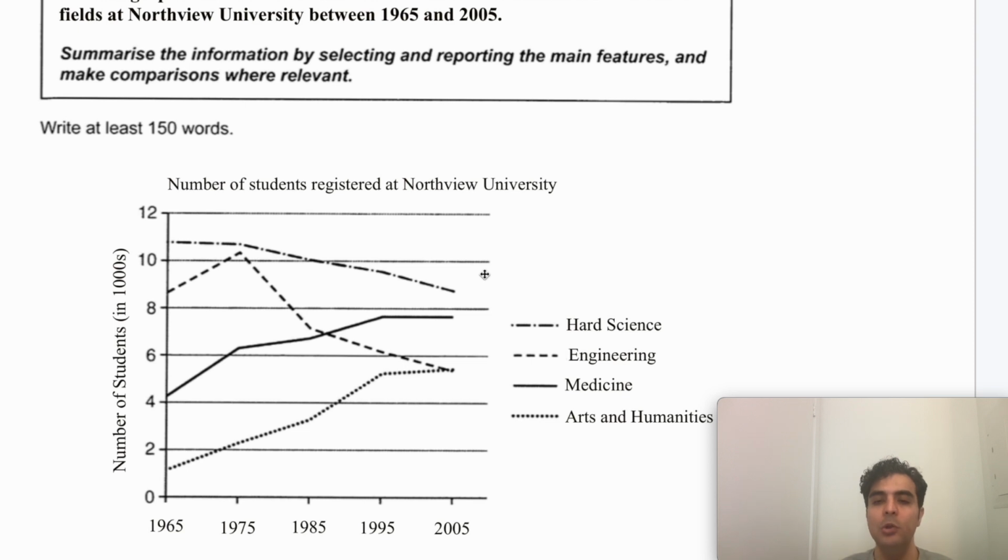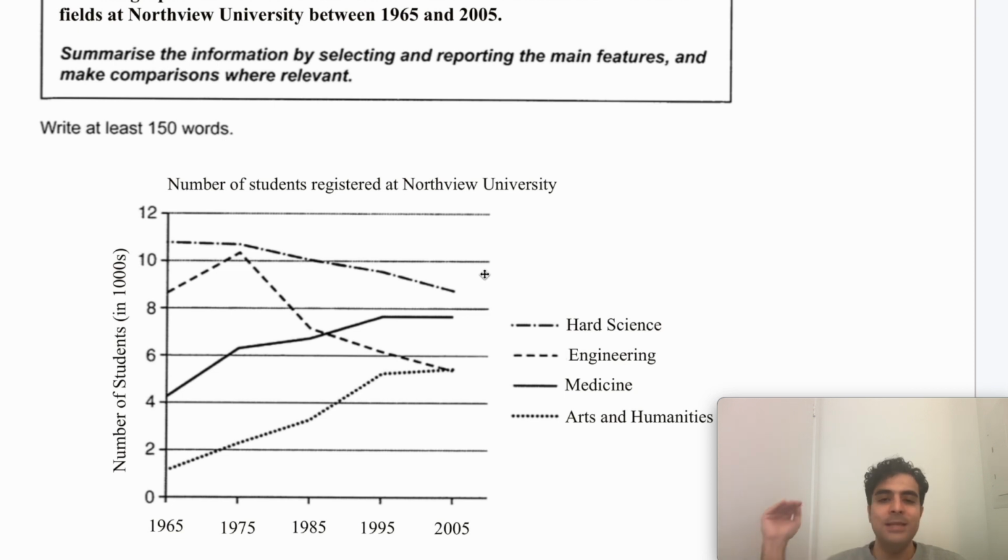For example, if you look at this chart, you'll notice that the number of students enrolled in the hard sciences was always ranking first, right? At no point in this chart, in spite of the decline that is, at no point in this chart do we have students from engineering, medicine, or arts and humanities exceeding or becoming greater in number compared to hard sciences.